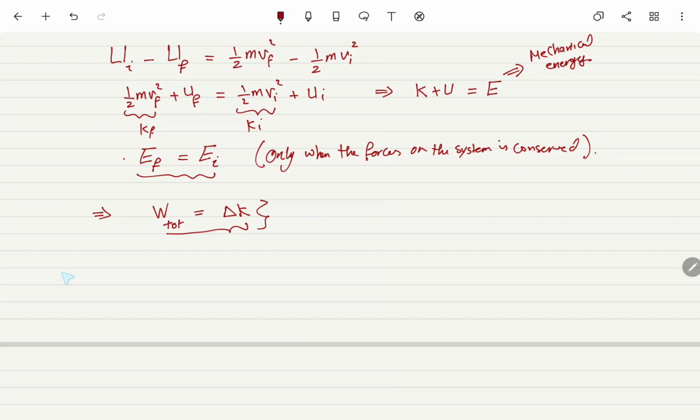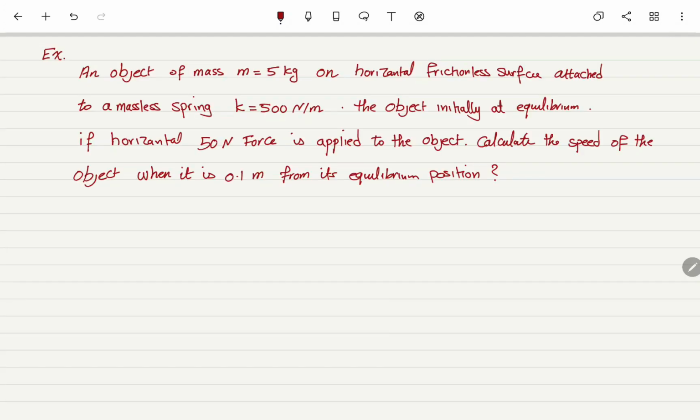Let's have an example. An object of mass m equal to 5 kg is placed on a horizontal frictionless surface, attached to a massless spring with spring constant equal to 500 newtons per meter. The object is initially at equilibrium. If a horizontal 50 newton force is applied to the object, calculate the speed of the object when it is 0.1 meter from its equilibrium position.